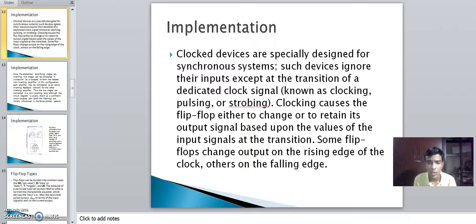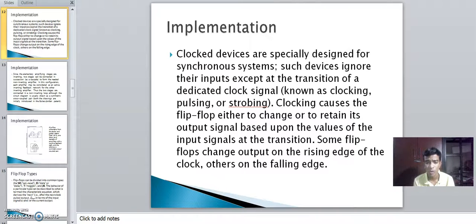Implementation. Clock devices are specially designed for synchronous systems. Such devices ignore their inputs except at the transition of a dedicated clock signal, known as clocking, pulsing, or strobing. Clocking causes the flip-flop either to change or to retain its output signal based upon the values of the input signals at the transition.